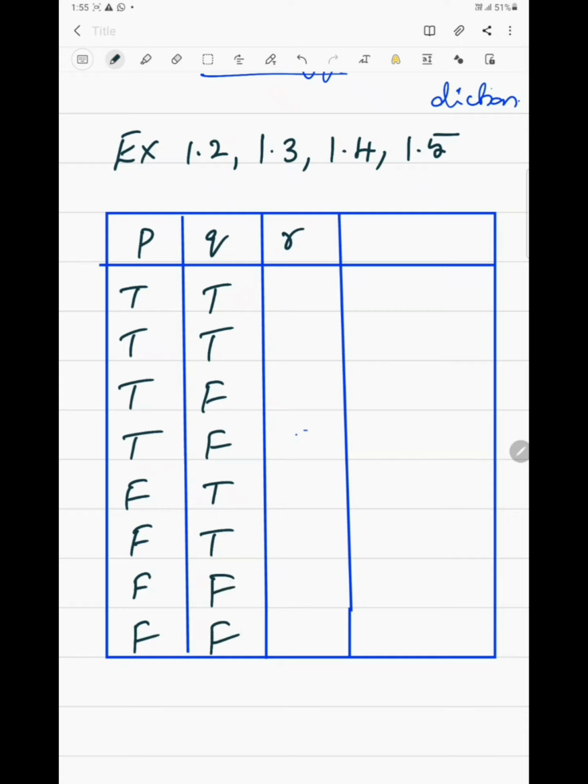Now for R, alternate: T, F, T, F, T, F, T, F. So, these are the truth values of 3 statements P, Q, R. Very good. Now, you can solve all the exercises from 1.2 to 1.6.